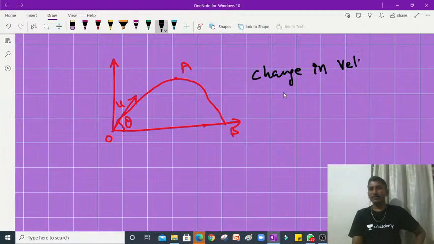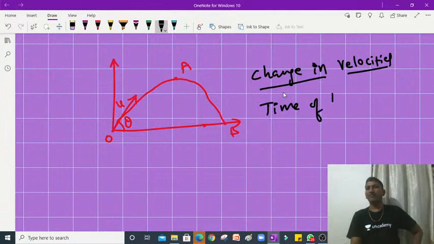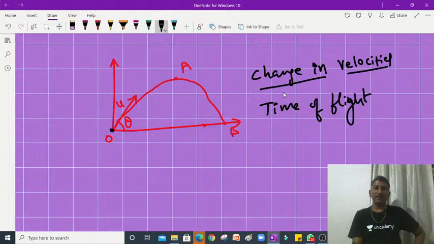For that, we are going to discuss change in velocities for the total time of flight. Time of flight means from here to here, the time taken.